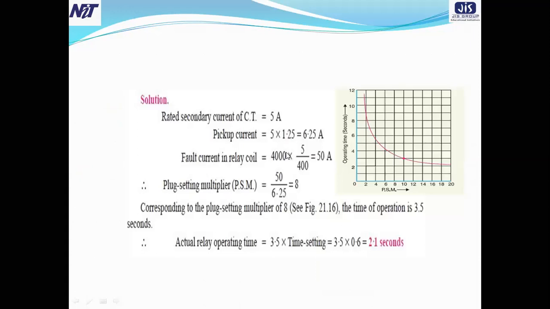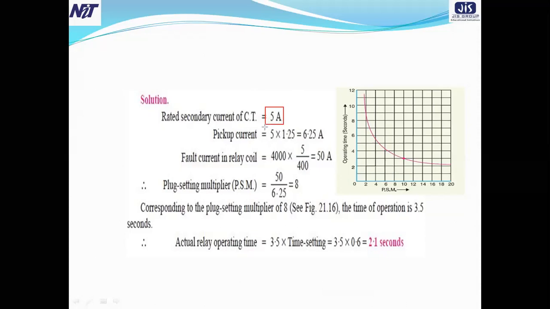Now, we know that to solve any problem of this type, we can solve it with the given data and values. In the problem, the rated secondary current of the CT is given, and the value is 5 ampere.